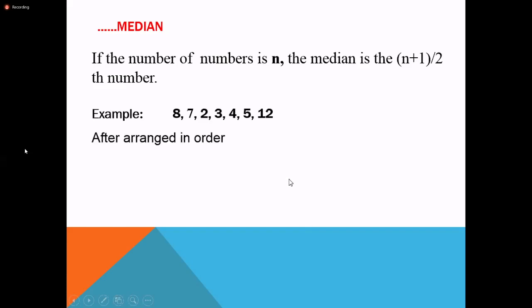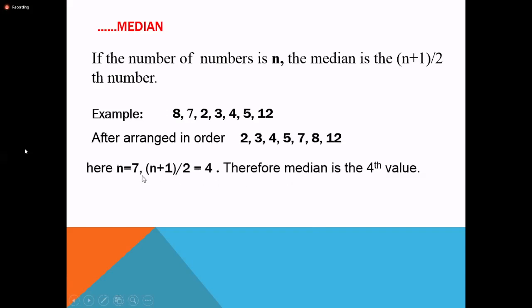Then the same set of values is taken as this. How to go through those n values? Find the n plus 1 divided by 2 th value to find the median. So n is here 7, n plus 1 is then 8, 8 divided by 2 is 4. Therefore, median is the 4th value.